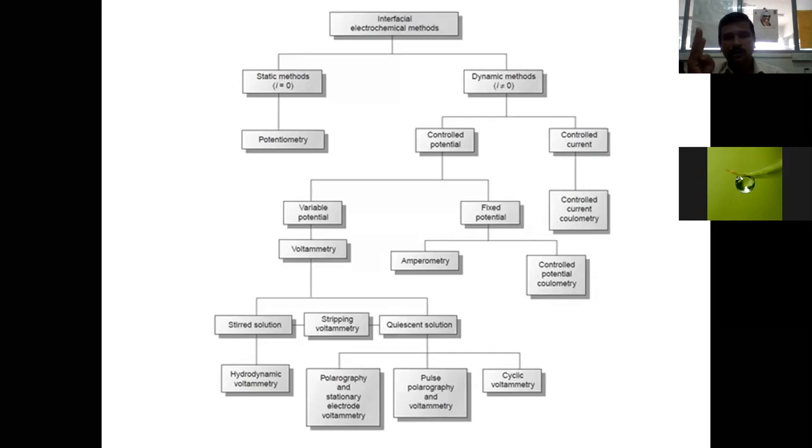In interfacial methods, we measure the electrical property at the interface between the solution and the electrode. Depending on the principle of different electroanalytical methods, interfacial methods are put under static and dynamic methods, because in some methods we do not employ current, and in some methods we generate or pass some non-zero current. And that's how this partial family tree can be presented.